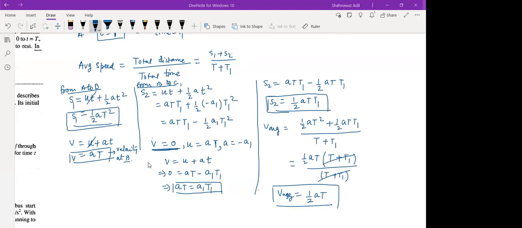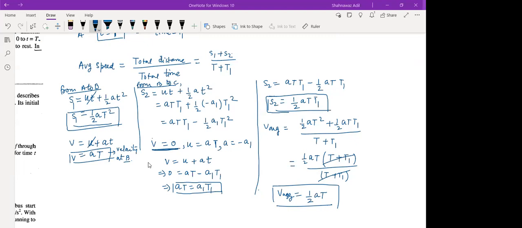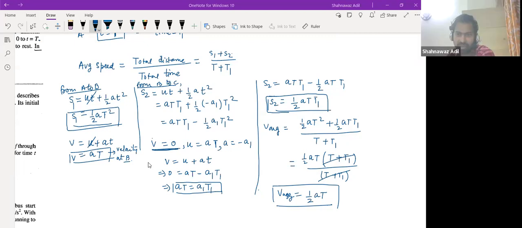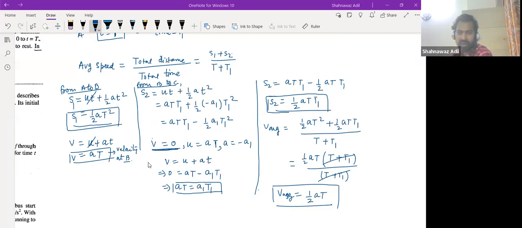Sir, only one equation, and that is also maybe wrong, so I cancelled it and am doing it again. Yeah, so have confidence in your calculation, whether it's wrong or right. Yes, sir. Okay.